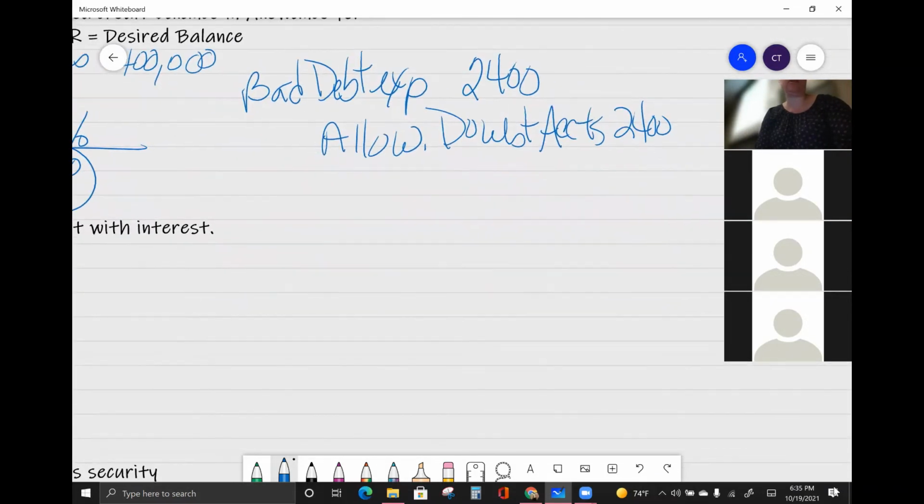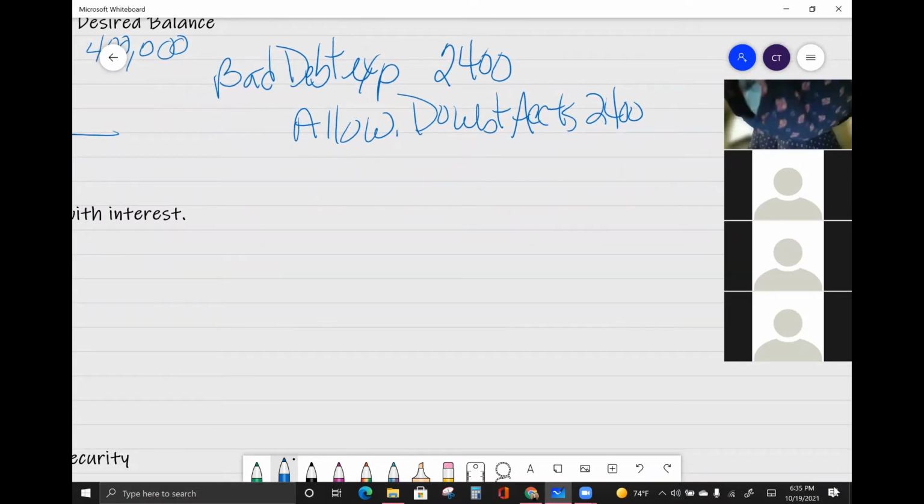All right, let's look at another one. The percent of receivables. Percent of receivables is a little bit different. We're still going to multiply the receivables by the percent, but we have to look at one additional thing when we do use this method. We have to consider what the balance is already in the allowance account, because we're not just saying, okay, it's a percent of the sales and that's my number.